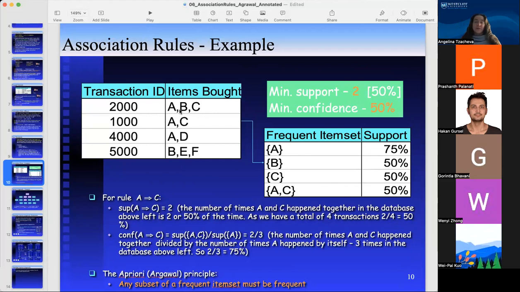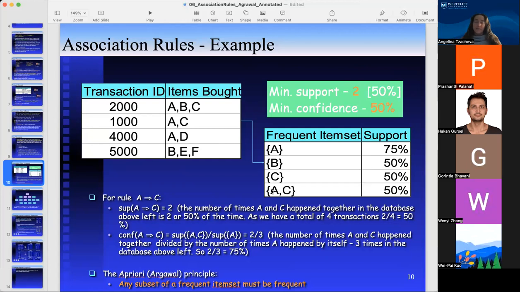If it's a grocery store, they could be bread, milk, honey, or vegetables. And there is a transaction ID. So that's all that goes into the database.